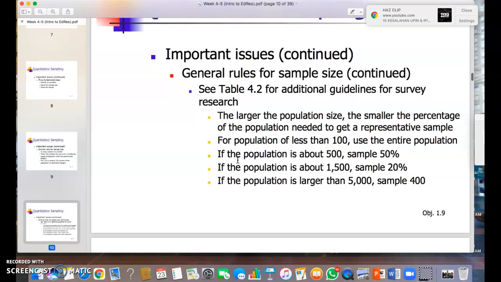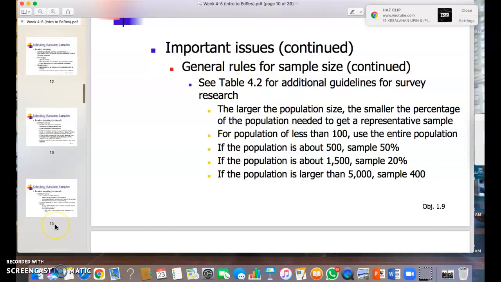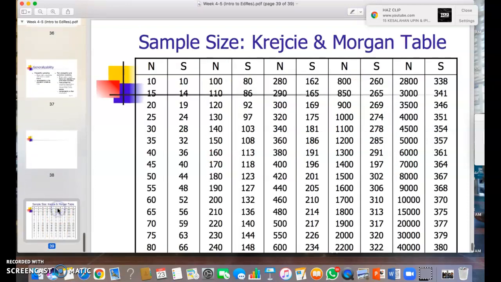Another important issue for sample size is the table 4.2. This is the Krejcie and Morgan table: if the population is 10, the sample is 10. If the population is 100, the sample is 80. If the population is 800, the sample is 260.